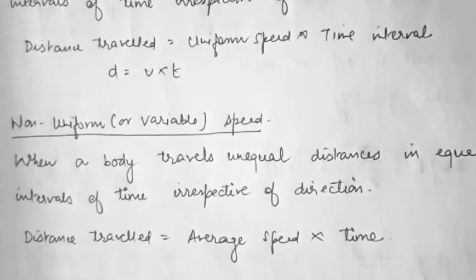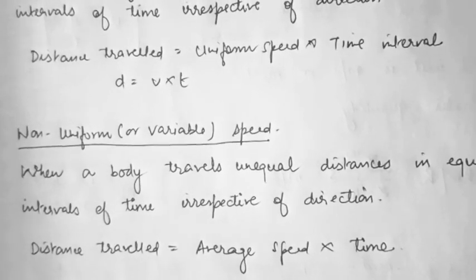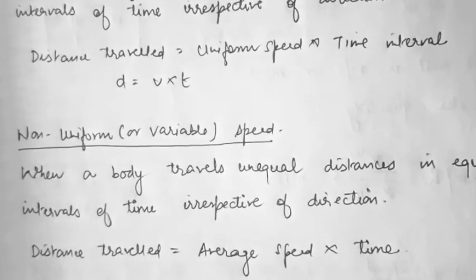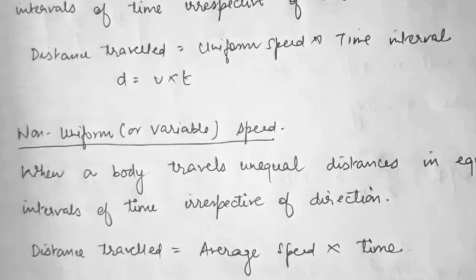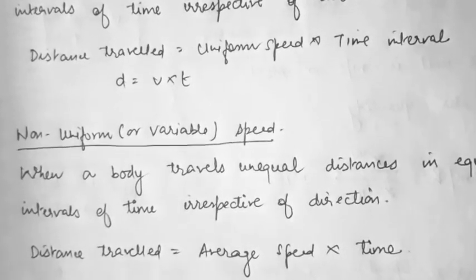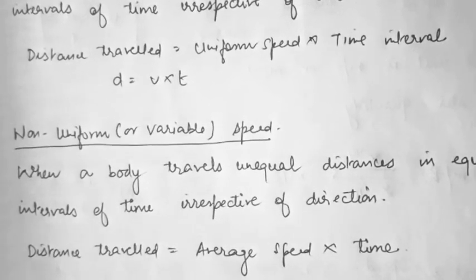Again, if we multiply that uniform speed by time, we'll get the distance. But in non-uniform speed, we will always use the average speed. Why average speed? Because if we take instantaneous speed, at that instant the body may cover less or more distance. So we always consider average speed in case of non-uniform motion.